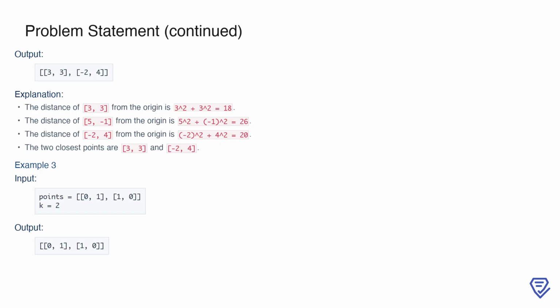Among these, the two smallest distances are 18 and 20, corresponding to the points [3, 3] and [-2, 4]. Therefore, the output is [3, 3], [-2, 4]. This illustrates how to select the closest k points by comparing their distances.